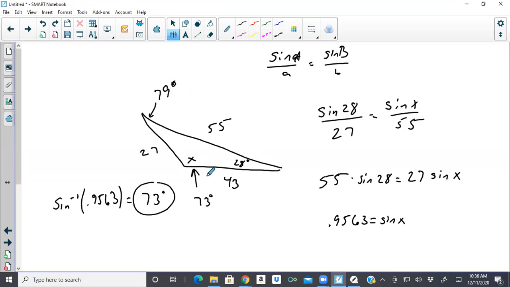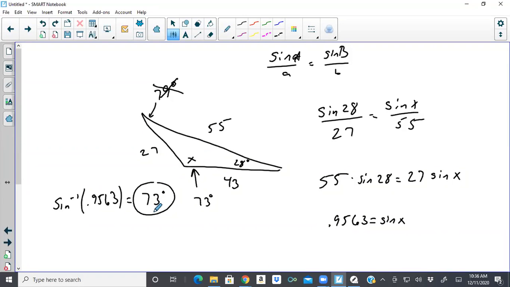Anybody? The longest side is across from that, so the biggest angle would have to be on that side. Exactly. So this is telling us that this angle has to be the biggest because 55 is the biggest side. So this work can't be correct. I can't say that this angle is 73 degrees.